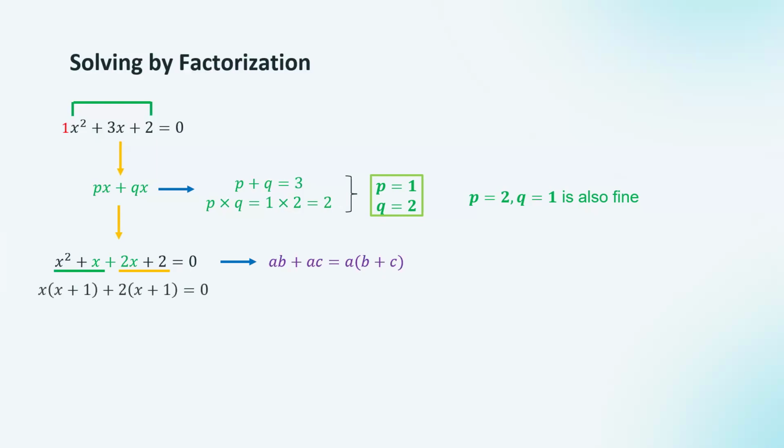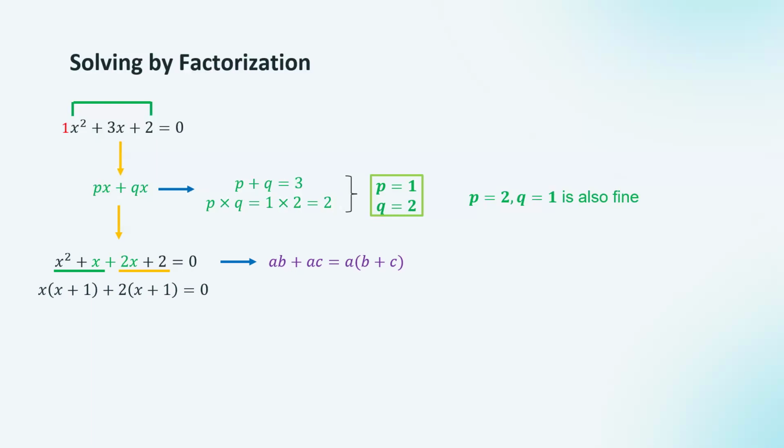So for the green part, it can be x times x plus 1. You take out the x. And then for the yellow part, you can take out the common factor, which is 2. So 2 times x plus 1. Okay? We need to be familiar with this technique because this is the key point for factorization.